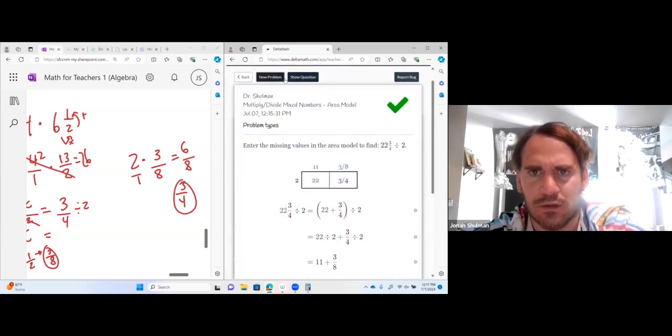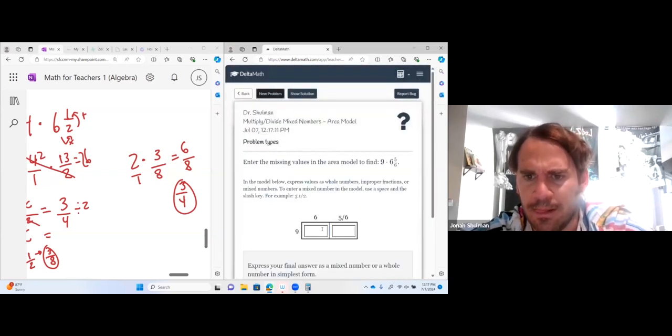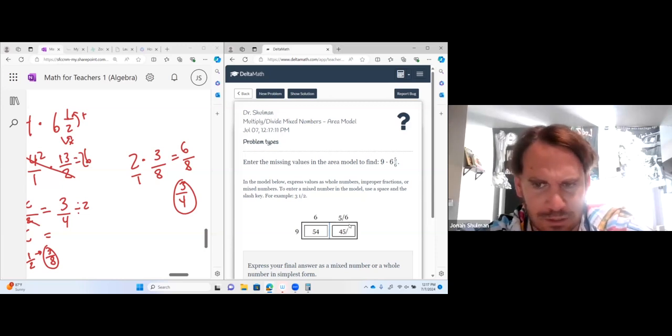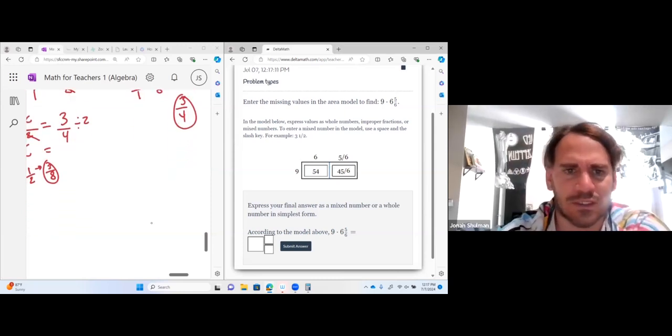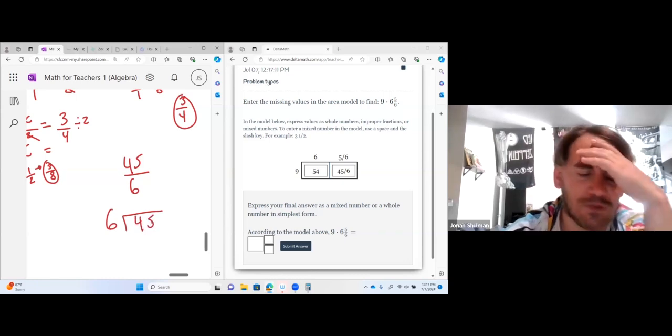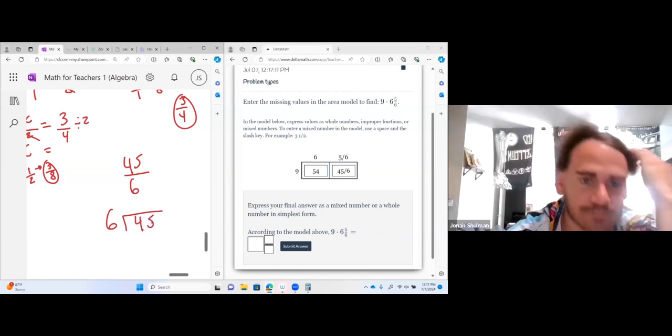Magic. All right, let's do one more. 9 times 6 is 54. 9 times 5 is 45/6. All right, so when I have 45/6, we could simplify that. 45/6. 6 goes into 45 how many times?